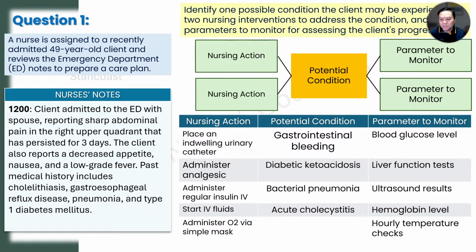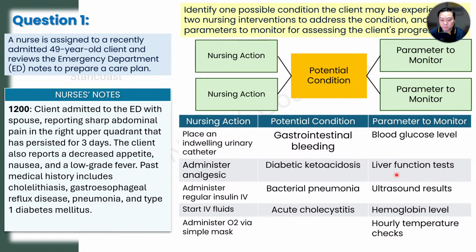Now, I really want you to pay attention to the nurse's notes. This is the only base for our bow tie question. Now, you really need to look into the different options here. We have the potential condition. We have the nursing action options on the left side, and we also have the parameter to monitor on the right side.